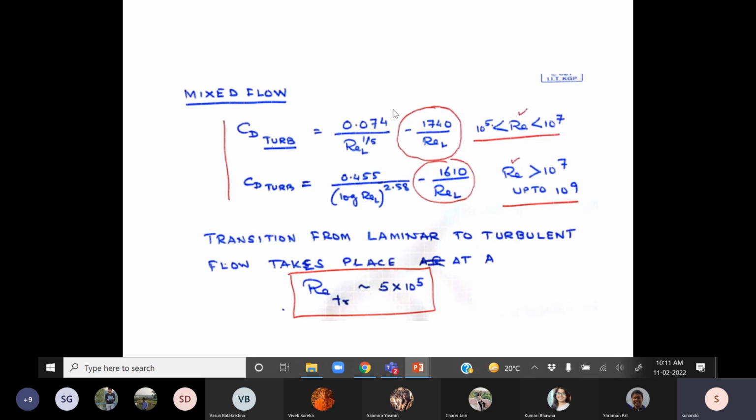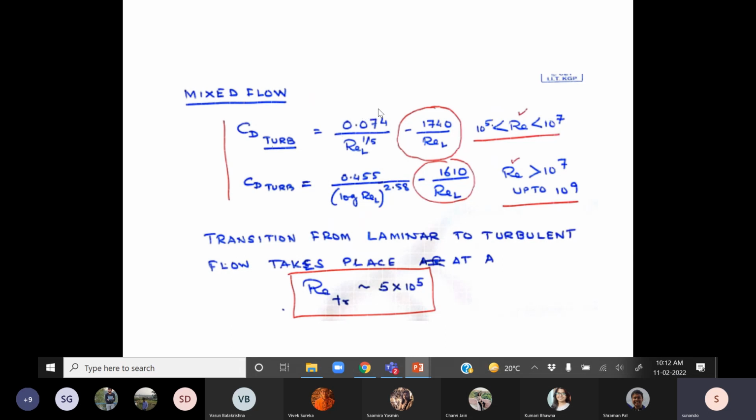So this is the relation for the turbulent flow when the Reynolds number lies in the range of 5 times 10 to the power 5 to 10 to the power 7. You could derive that by using a proportionality rule, how much is to be deducted from the value of CD based on purely turbulent flow from the very beginning.